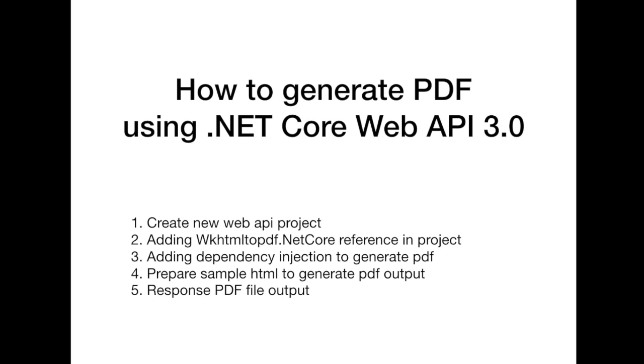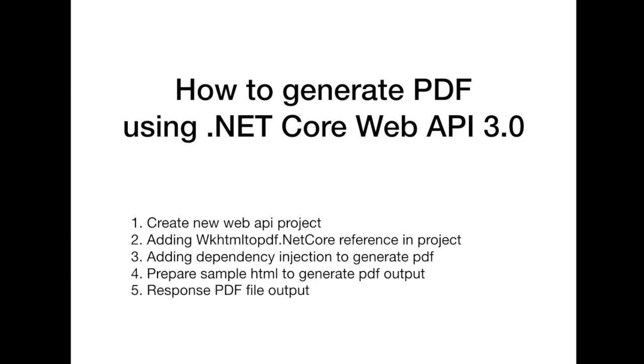In this project we are going to create a new Web API project and add a NuGet library called Wkhtmltopdf.NetCore, and we are going to inject the dependency into our Web API, and we are going to create a sample HTML to generate the PDF output, and finally we are going to produce the response as a PDF file output.